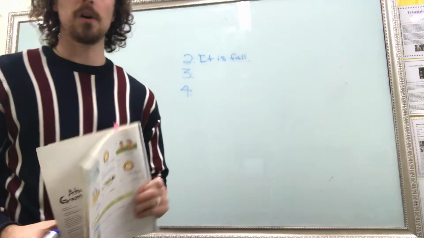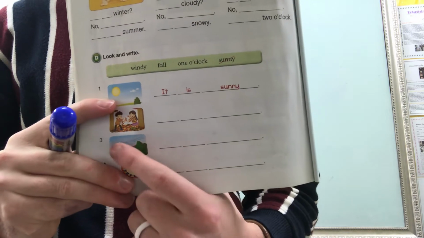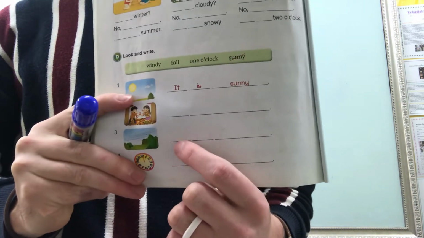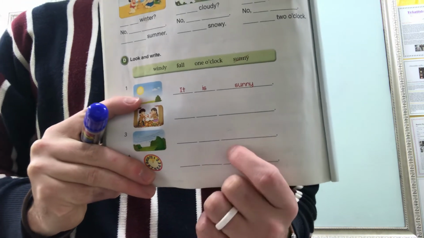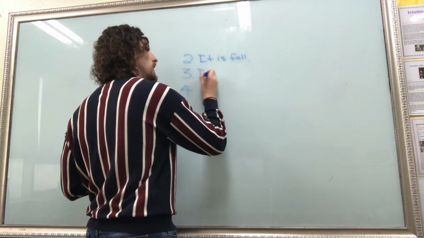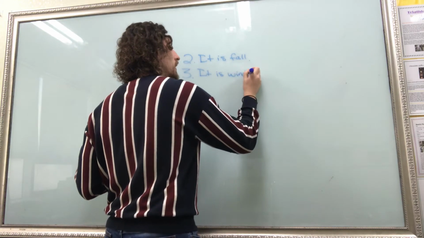Okay, it is fall. Number 3, look at the lines in the sky. That means it's windy. Okay, windy. It is windy.